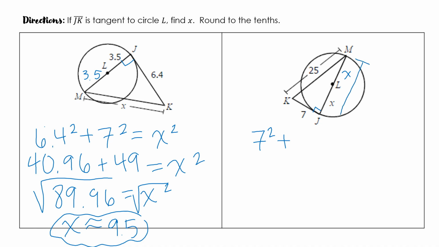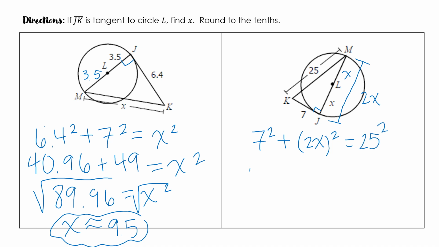And so that means that the entire length of JM is 2x. So plus 2x squared. I'm going to make sure I use parentheses because I'm not just squaring the x, I'm squaring the 2 and the x. And then the hypotenuse is KM, which is 25 squared.